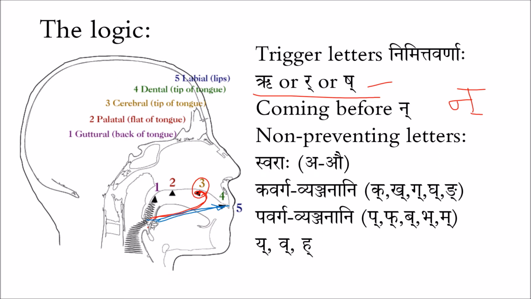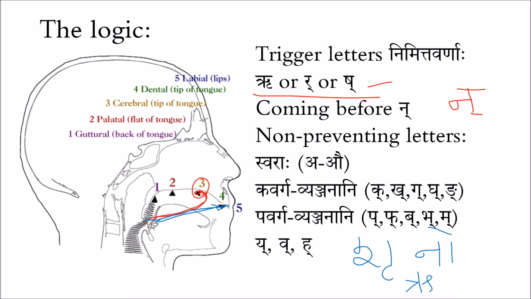For example, if you take the example shrunoti, right? We have shrunoti. Now originally it was na, right?